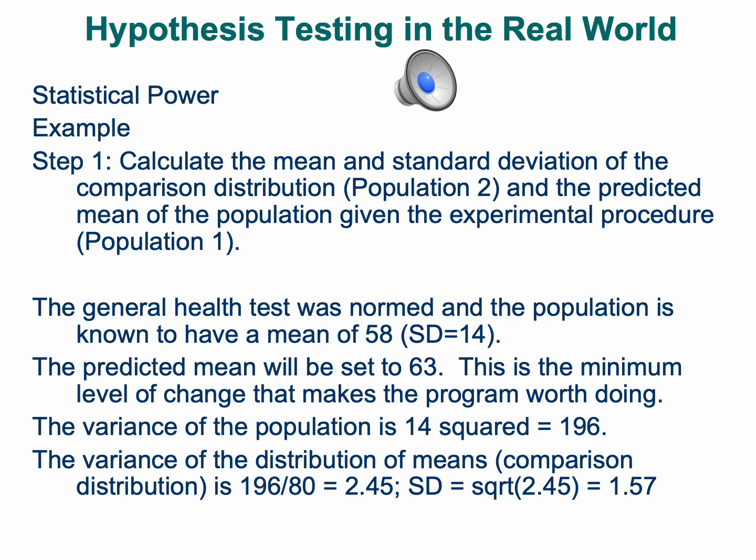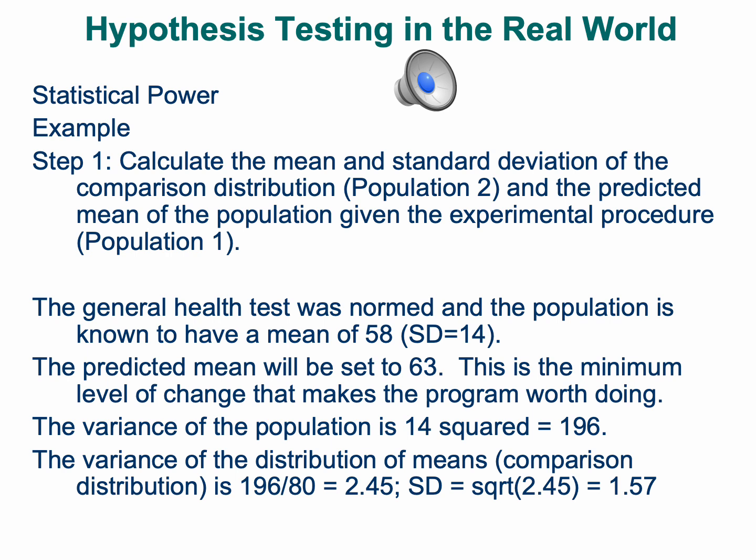Okay, now to continue the example for statistical power. Step 1, calculate the mean and standard deviation of the comparison distribution, population 2, and the predicted mean of the population given the experimental procedure. In this case, it's the health program.